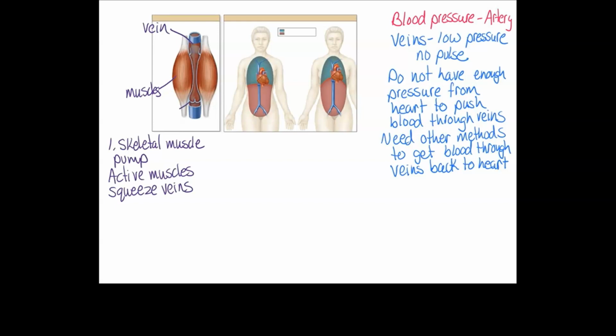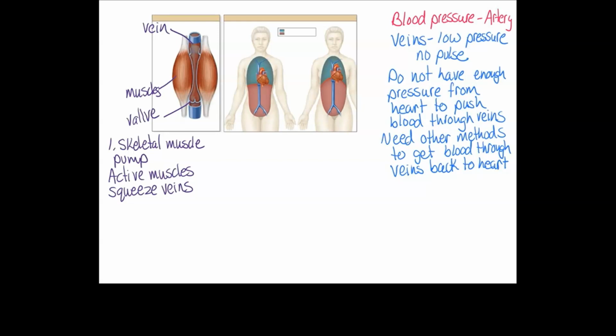Notice also that the veins have valves. These valves are similar to the semilunar valves in the heart. They only open upward or toward the heart. They won't open the other direction.